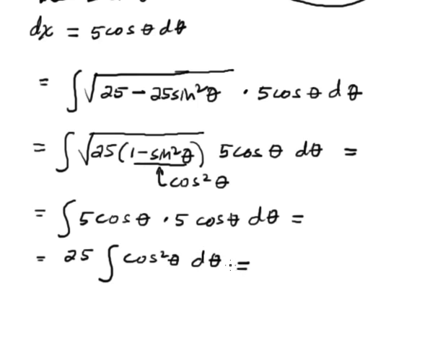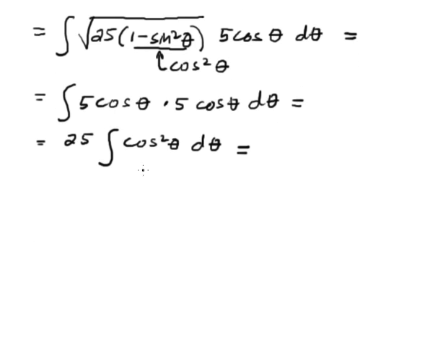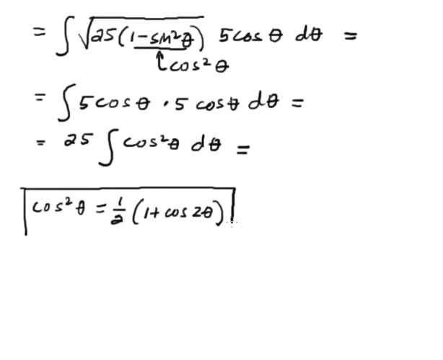Okay, so here's where another trig substitution comes in, and let's just write this on the side. How do we integrate cos squared theta? We integrate cos squared theta using what's called the half angle substitution. So that goes like this: cos squared theta is equal to 1/2 times 1 plus cos 2 theta. So that's the trig identity we use to integrate cos squared.